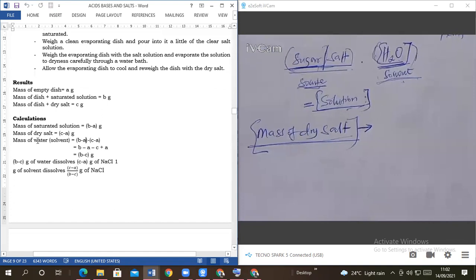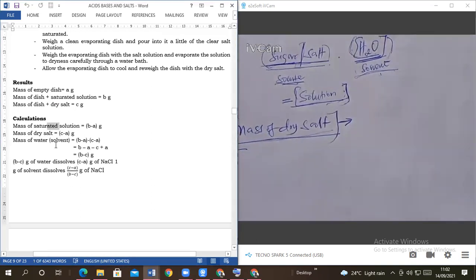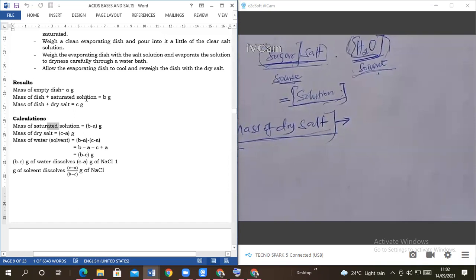Now here they're saying the mass of water or solvent is going to be B minus A. What was B minus A? B minus A was the mass of the saturated solution, isn't it? Yes. We want the mass of the solvent we used, not the mass of the saturated solution.